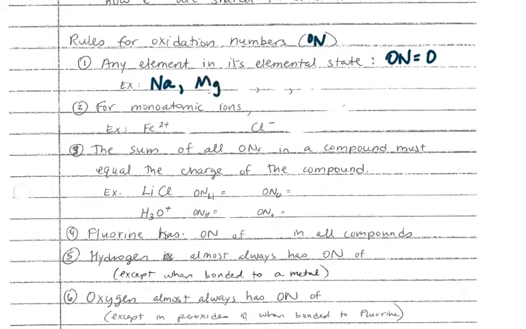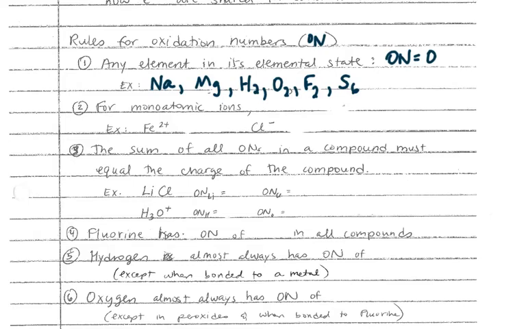So metals tend to be monoatomic, but we've also talked about diatomic elements, Hofbrinkel, so hydrogen, oxygen, fluorine, etc. are diatomic in their natural elemental state. Some have even greater numbers, like sulfur in its natural state is S8. It's several sulfur atoms bonded together covalently. So any element in its natural state is going to have an oxidation number of 0. Okay, that's rule number 1.